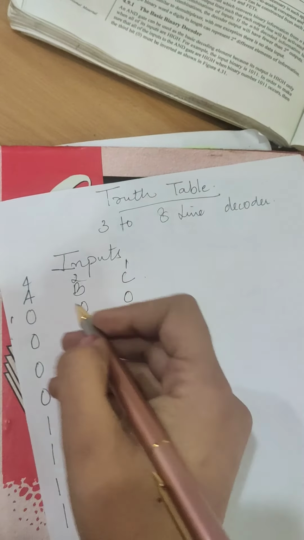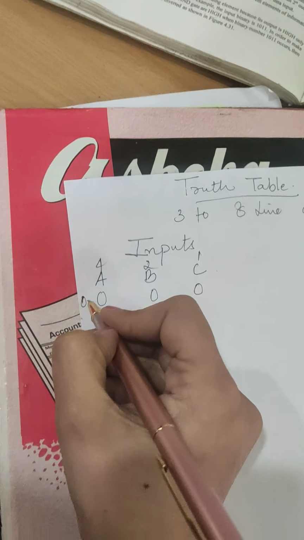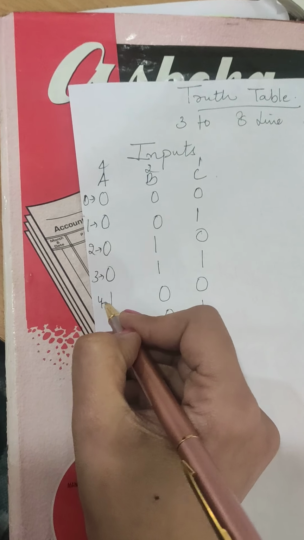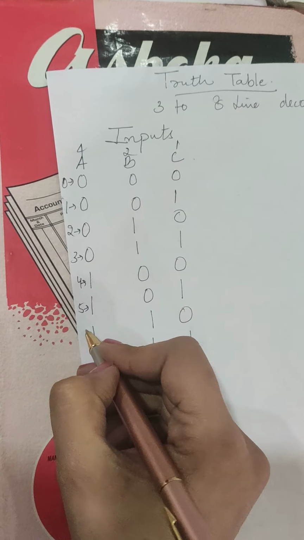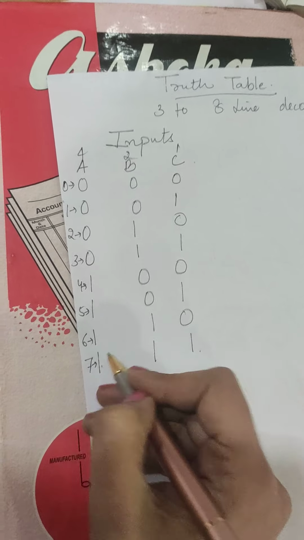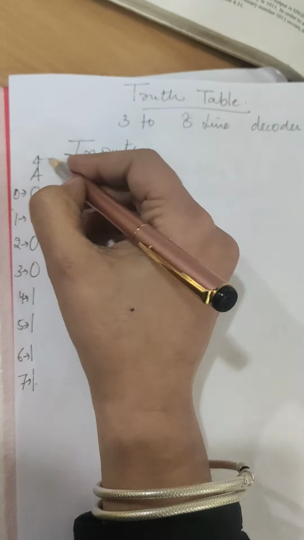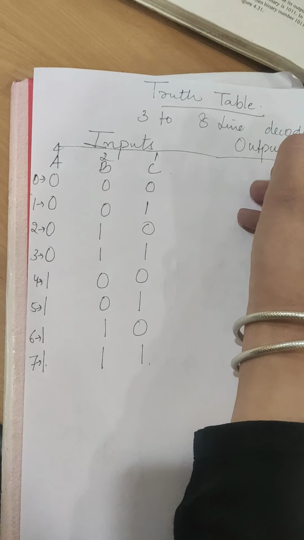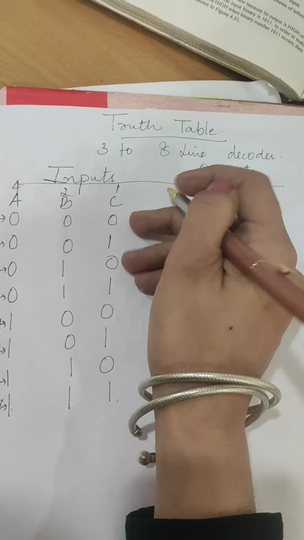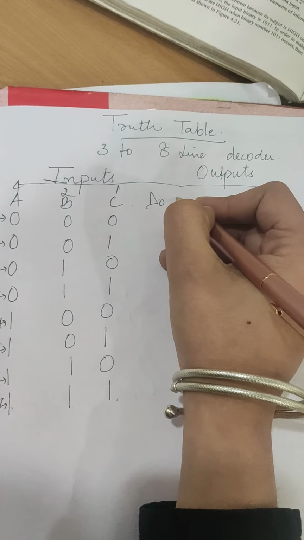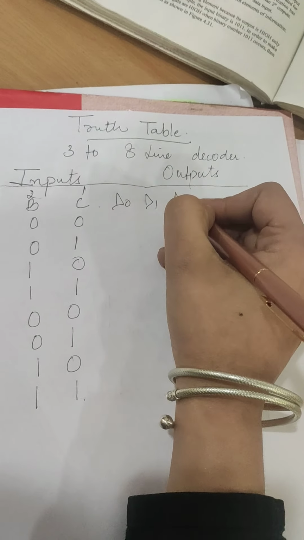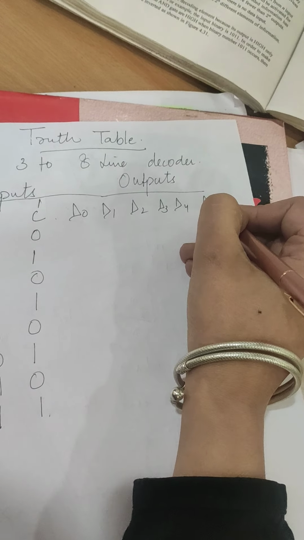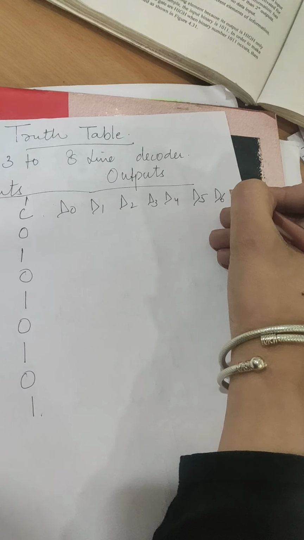As you can see, we make 0 and then 1, then 2, 3, 4, 5, 6 and 7. So our inputs are ready. To find the outputs, we have D0, D1, D2, D3, D4, D5, D6 and D7.